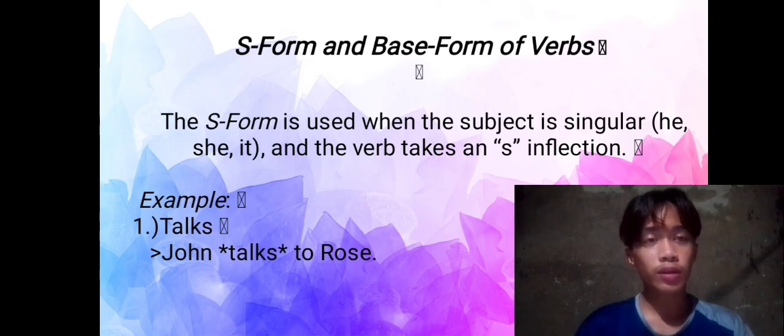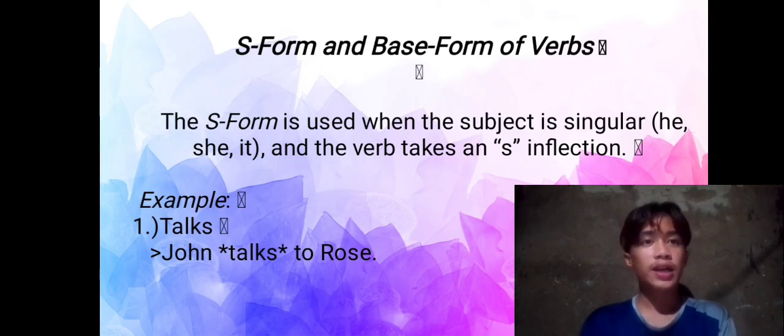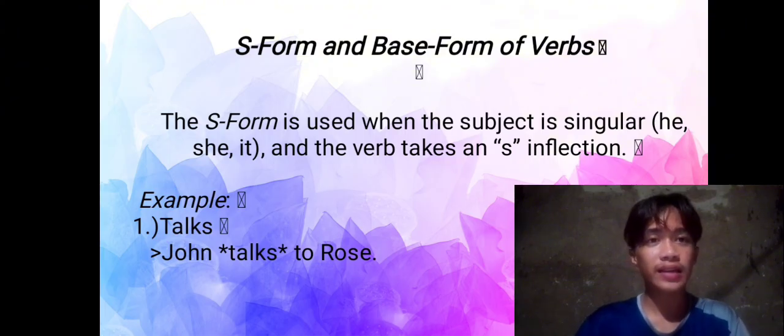The S form is used when the subject is singular, he, she, or it, and the verb takes an S inflection. So we have the example here. Our verb is talks. So John talks to Rose.